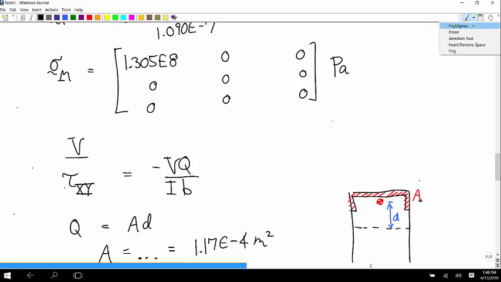We're not doing this. This is for torque. The stress due to shear force is still just going to give us the actual stress in our coordinate system. It's the torque where we have to worry about rotating the coordinate system. So this is just going to be that. This is going to be just lowercase x, y.